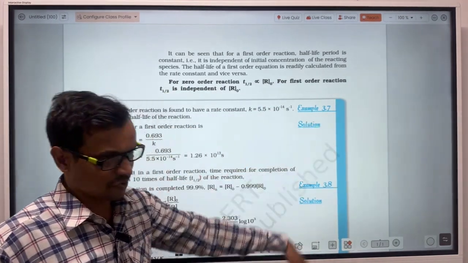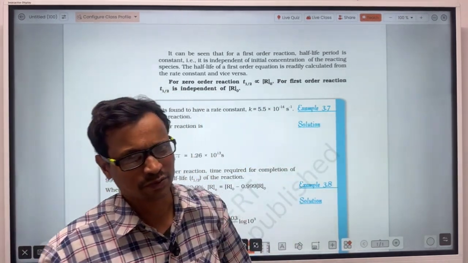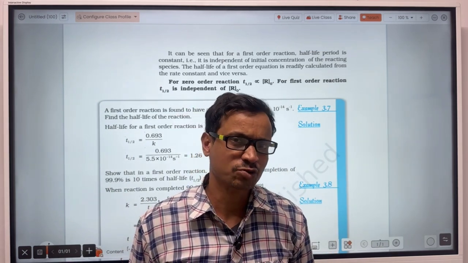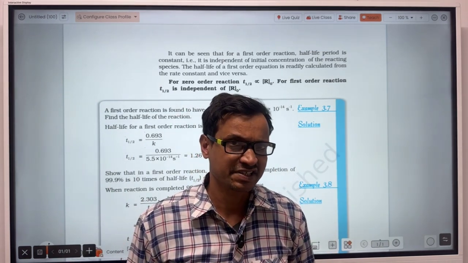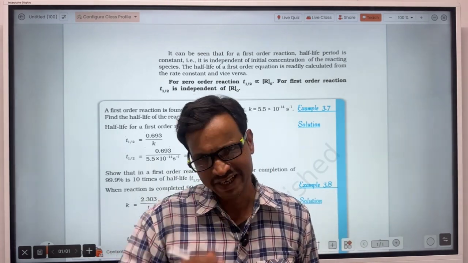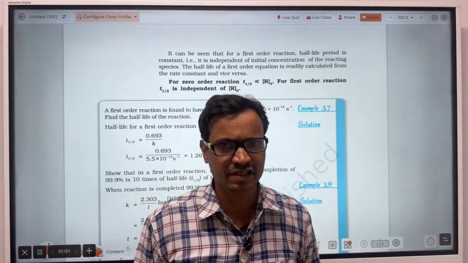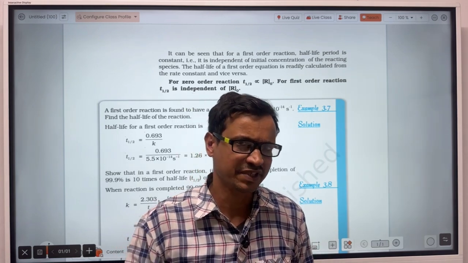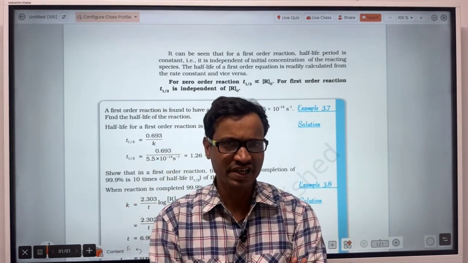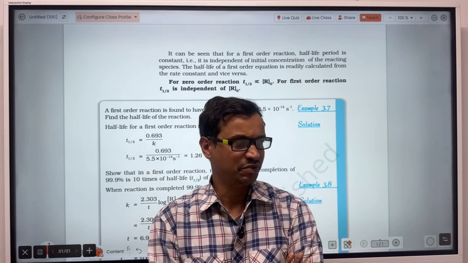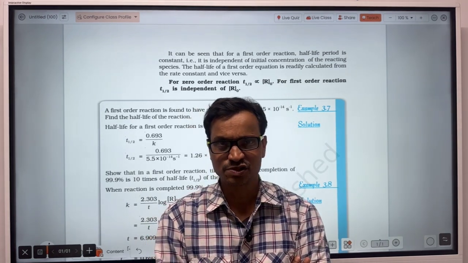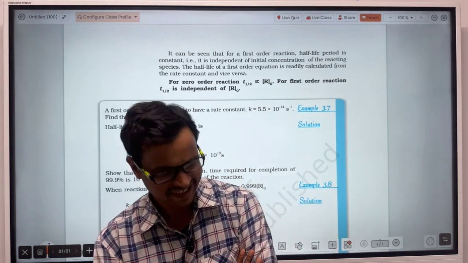For those considering IIT main and droppers, you only need to listen, not practice a lot, because questions come in different formats. But students in 12th board should listen very carefully and practice this question also.